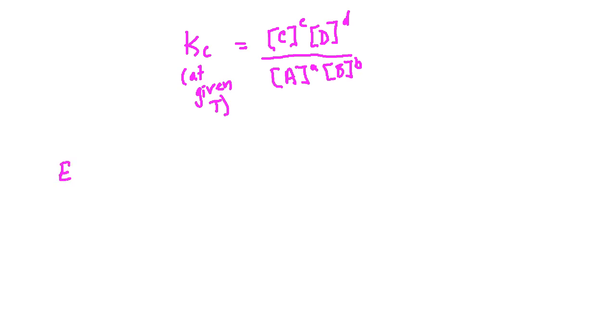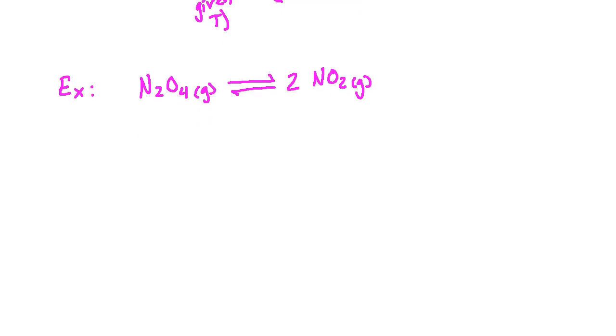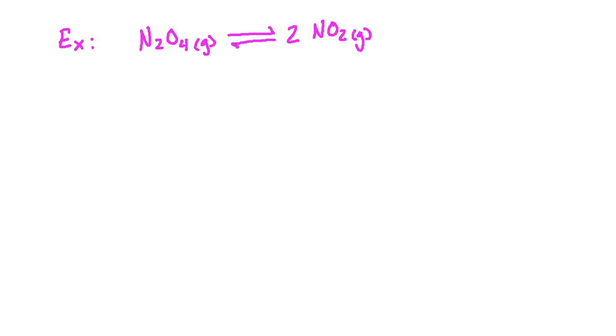So for example, if I had the following reaction, N2O4 as a gas is going to be in equilibrium with 2 moles of NO2 as a gas. Now if this is all gas, I could do both partial pressures and/or concentration. So let's take a look at how both of those would be set up in a general sense.